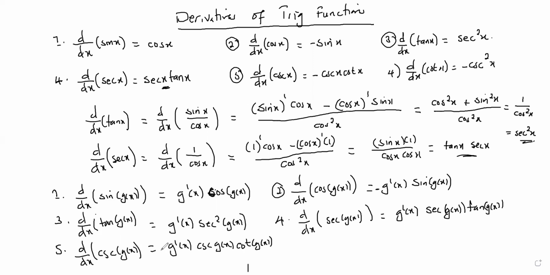So there will be a minus there. And then the sixth one, the derivative of the cot of gx. So it will be the minus g prime of x, and then we get the cosec squared of gx. Any function that is inside there, that's what you do.